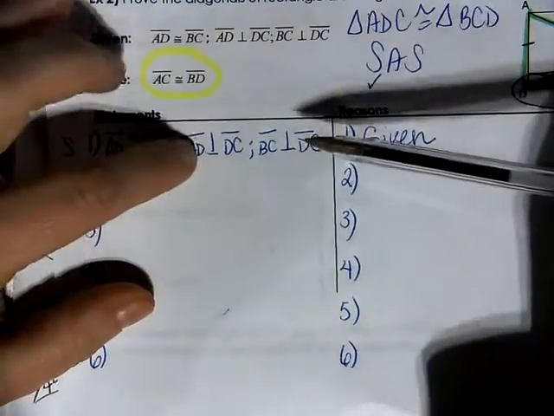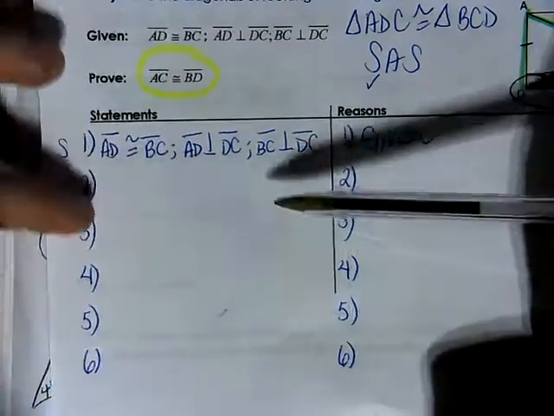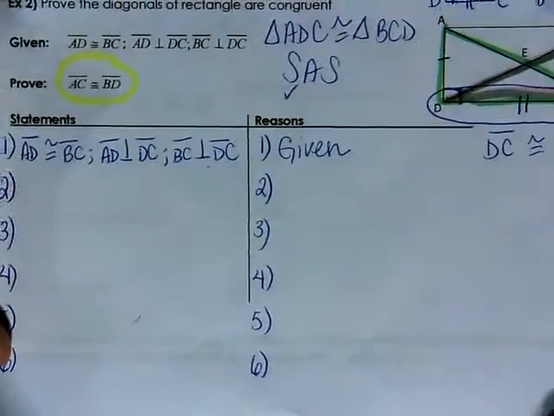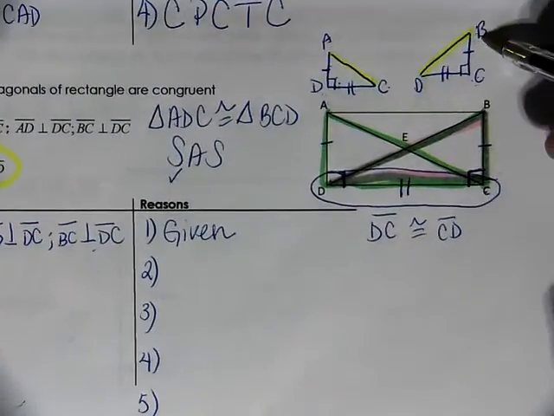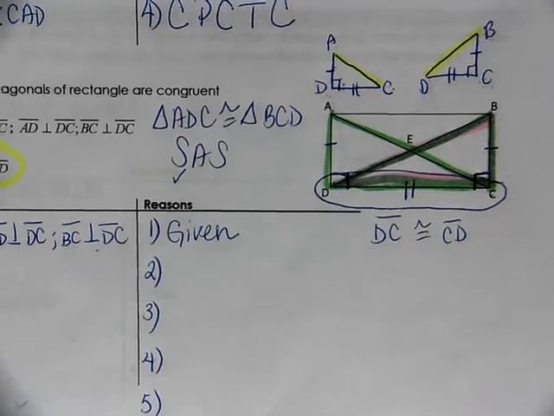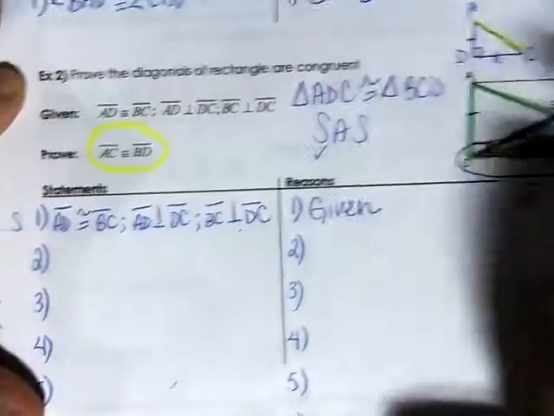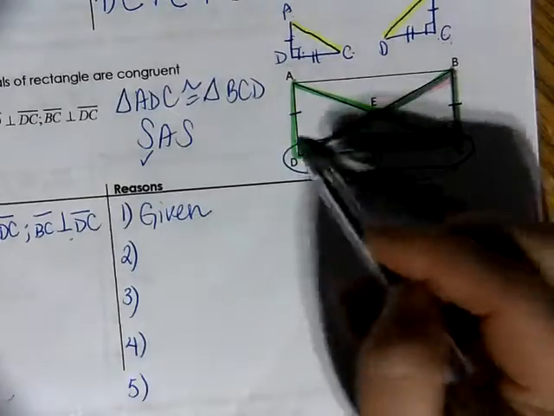So remember that whenever you're working with perpendicular lines, your next statement needs to be that you have right angles. And angle ADC and angle BCD are right angles. And you have to use all 3 letters because the original picture has overlapping pieces.